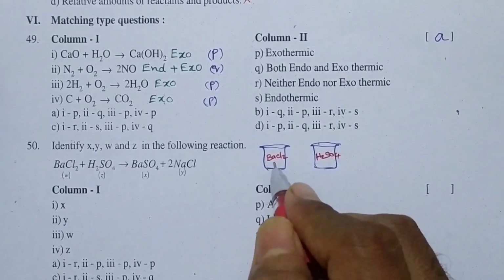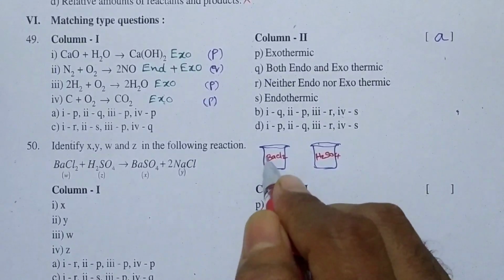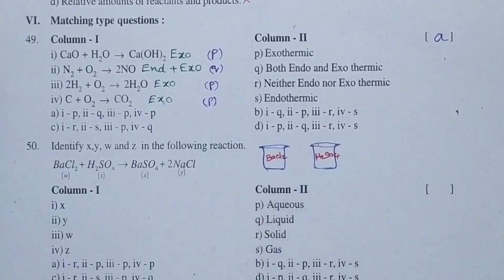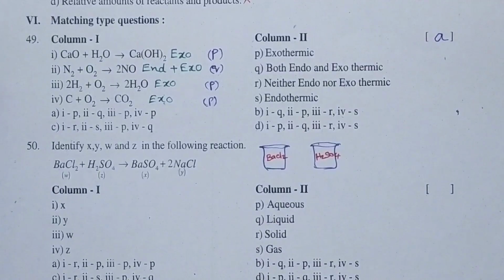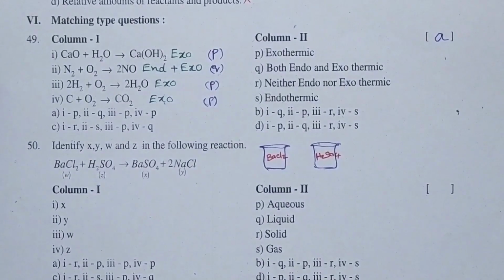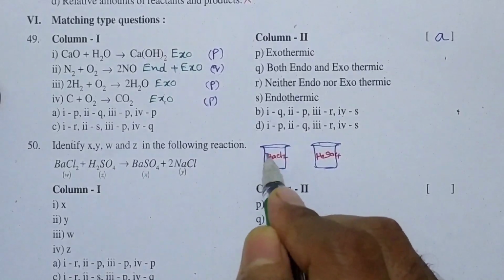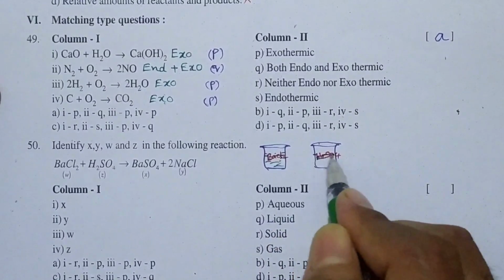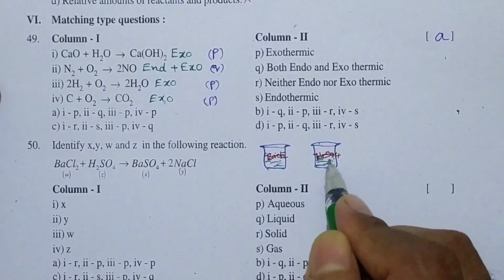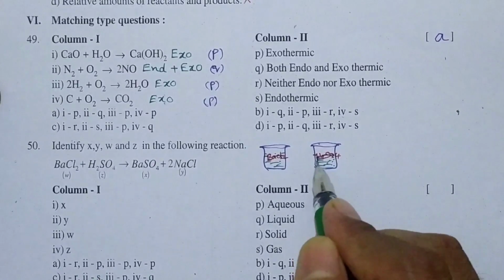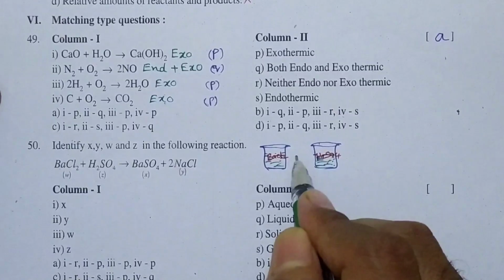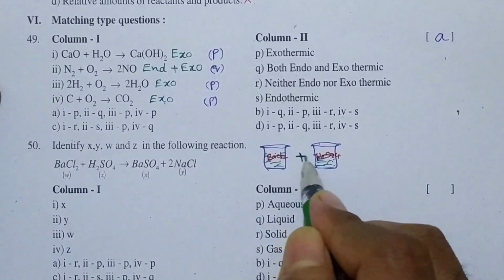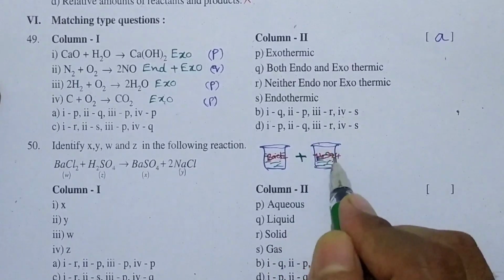Actually BaCl2 is a solid. It should be added to water. So let us pour water in both the beakers, and then BaCl2 can be added. And here also we need to add acid to the water, because we need to do practicals by diluting it. Diluting in the sense we need to add acid to water.